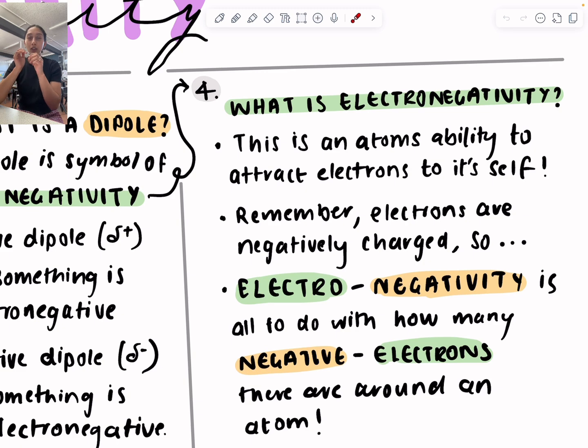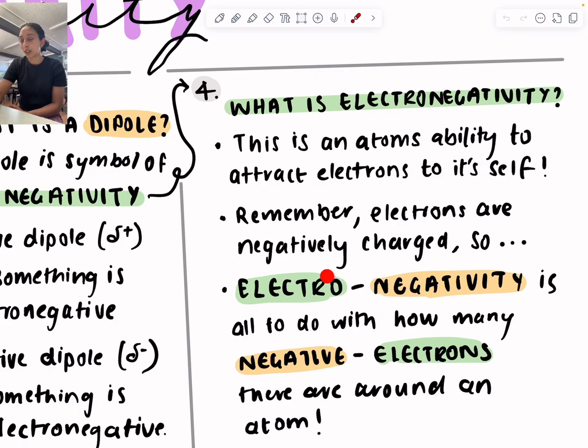What is its level of Rs in order to attract electrons to itself? Cringe, but now you're going to remember. Thank me later. So in this case, same thing applies. What is the level of attraction that an atom has in order to draw electrons to itself? And that's what electronegativity is.